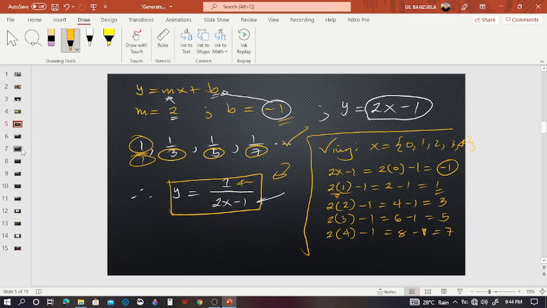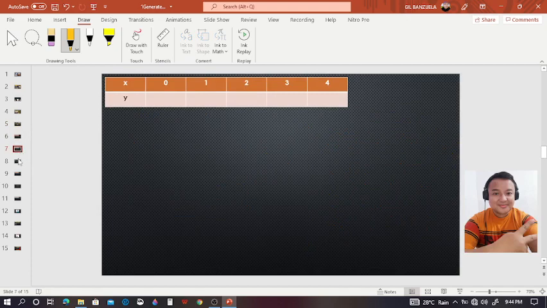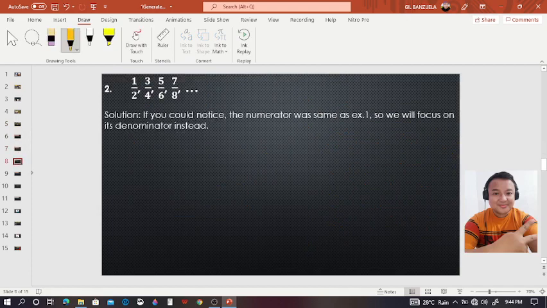Alright? So, let's proceed to the next item. I hope you have no questions na. So punta tayo sa ating second exercise. If you could notice guys, hindi na pare-pareho yung numerator natin, so meron na tayong gagawin dyan.